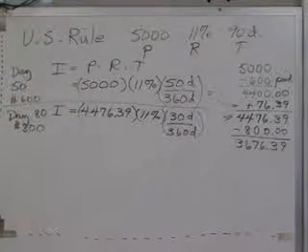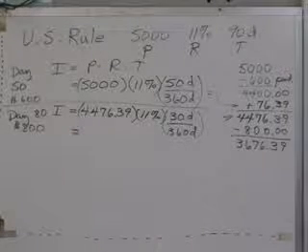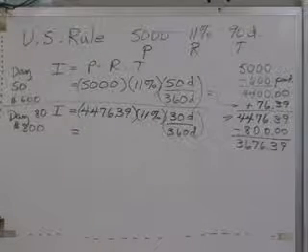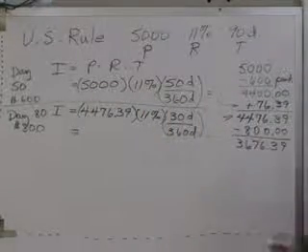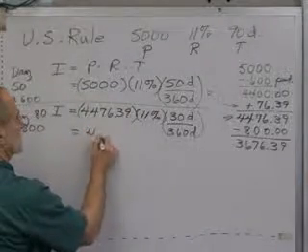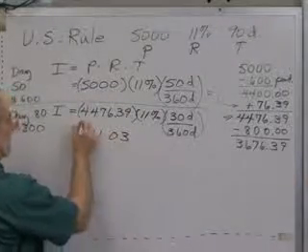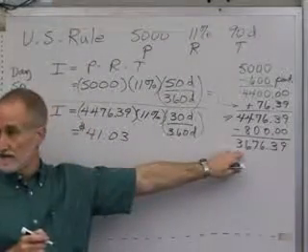All right, he's had it 30 days. So let's see how much interest he owes for this 30-day period. $41.03. Does that sound right to the nearest penny? Sounds right to me. So Joe really owes more than this, doesn't he?